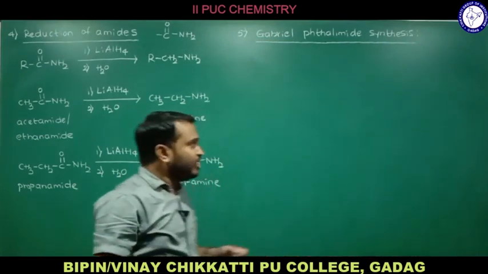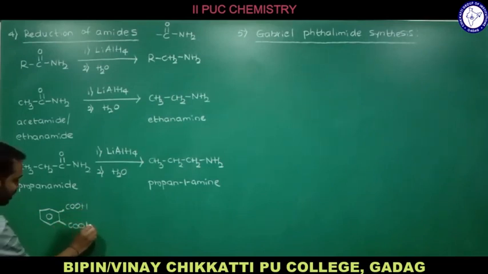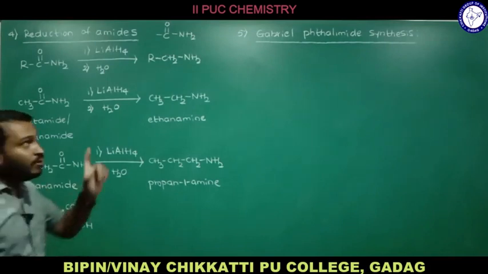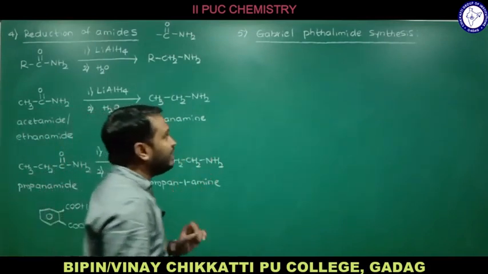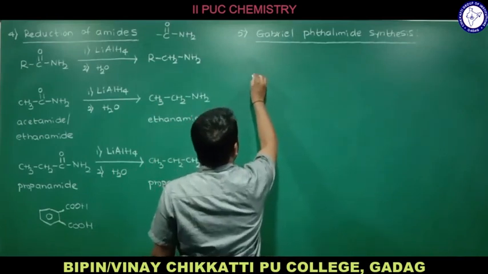Now just see here, if you have a benzene ring with COOH, a dicarboxylic acid, this is nothing but phthalic acid. And if you remove one molecule of water, that is termed as phthalic anhydride. But here I have phthalimide. Phthalimide is the starting material, and how are we going to convert that?